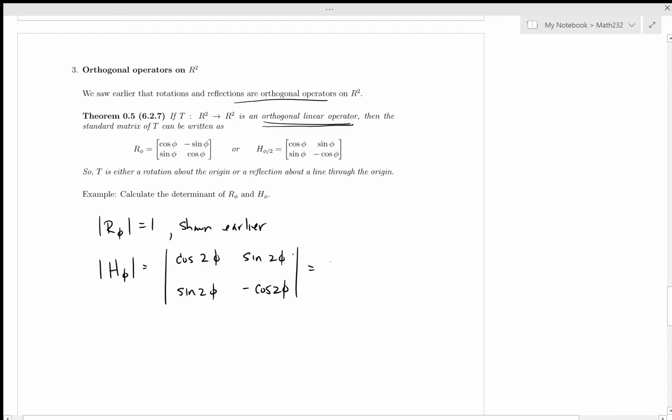That's equal to minus cos squared 2 phi minus sine squared 2 phi, and that is equal to minus 1. Okay, so we have the determinant equal to minus 1. So in the first case we had the determinant equal to 1. The second case here we have the determinant equal to minus 1. The only two possibilities.